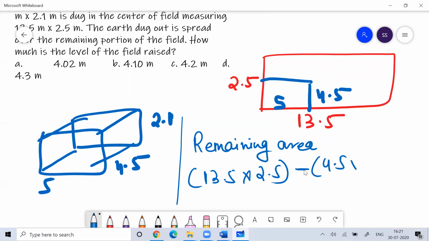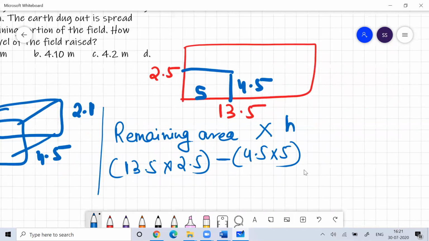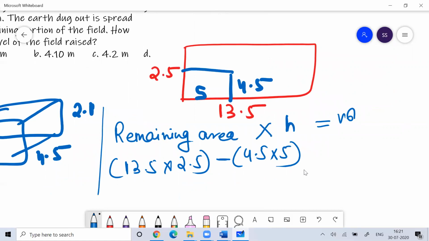On this remaining area, you will put the soil that you get, and because you put the soil there, the height will increase. That height I'm calculating here is h, and it is equal to the volume you created.